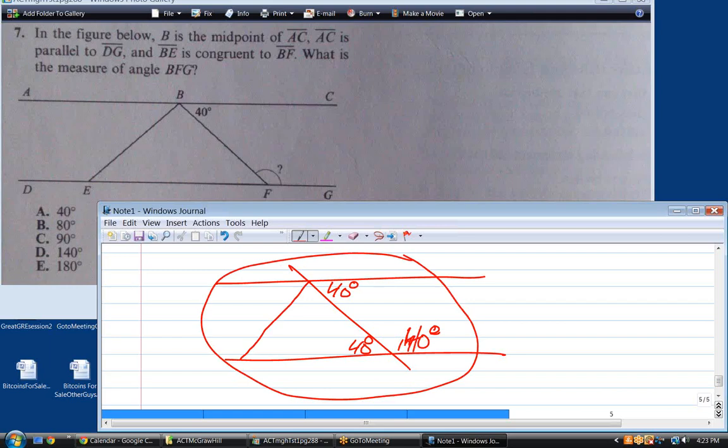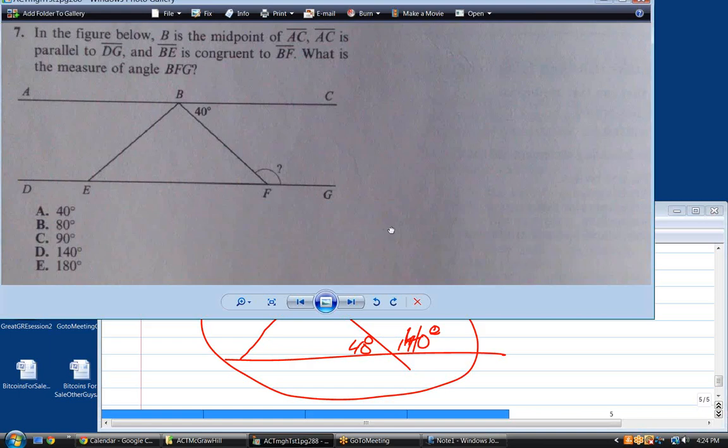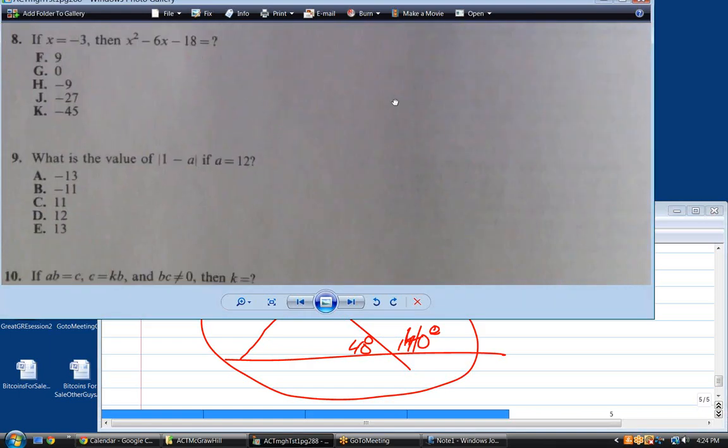So always make sure when you see parallel lines and transversals that you recognize it right away and realize that that's what you're dealing with. Okay.